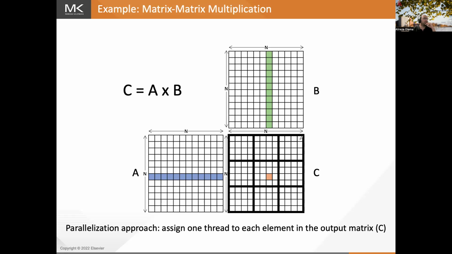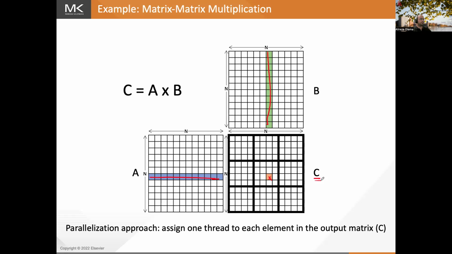So for each element, we assign a thread, and that thread would be responsible to fetch this row from the memory and also fetch this column from the memory, perform the dot product, and then write it into this C matrix.